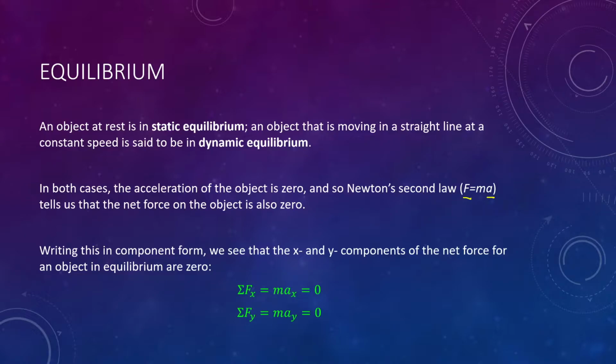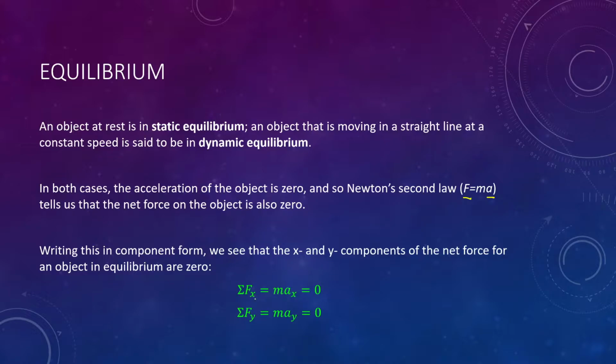So, for objects that are in equilibrium, if we were to write out Newton's second law in component form, we would see something along the lines of the following. Now, this is going to be a new symbol in our class, this sigma symbol. This is the capital Greek letter sigma. Understand that sigma in math stands for the sum of. So when we take a look at this equation that we've written, this translates to the sum of forces in the x direction.